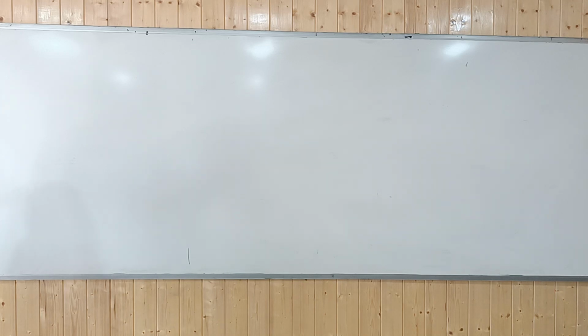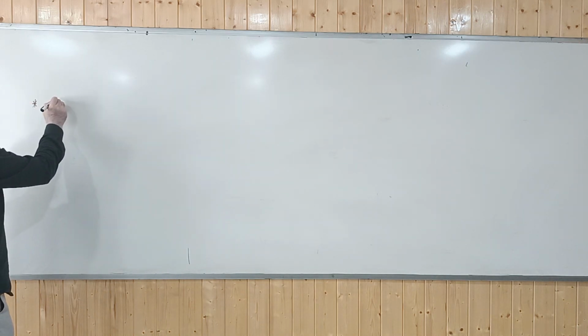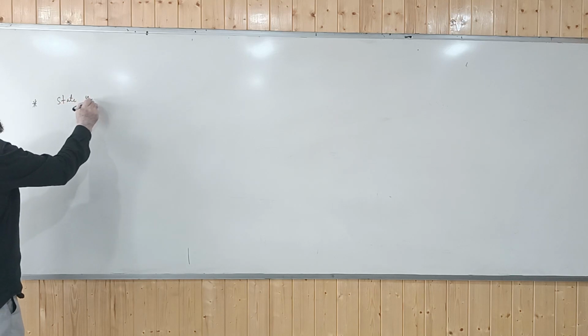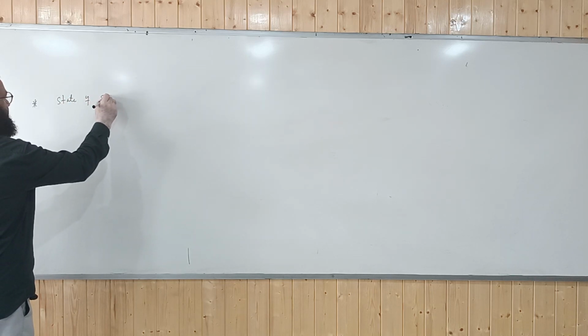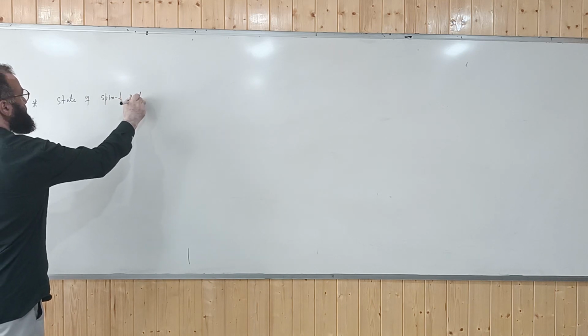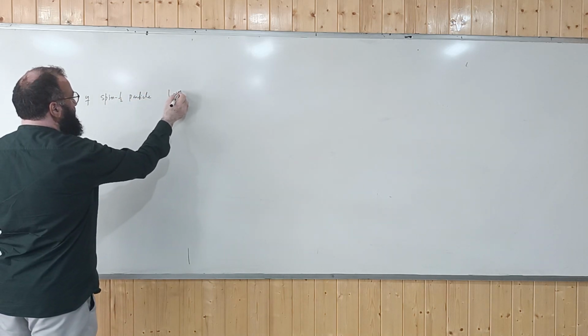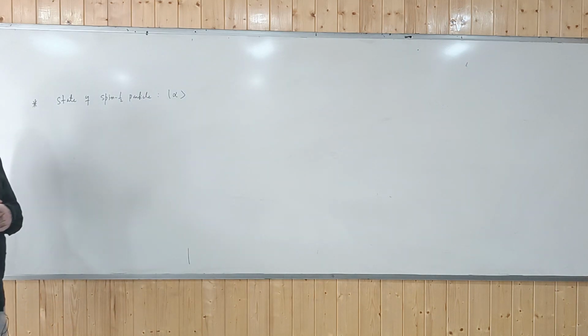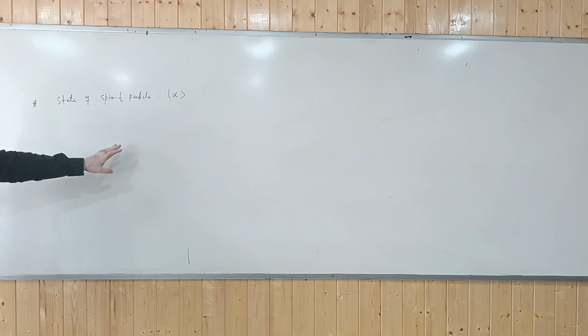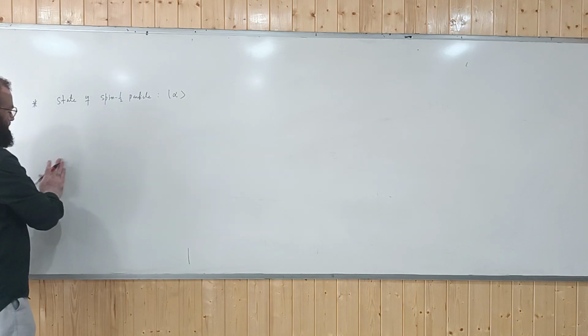Now let's look at how the state of a spin half particle behaves under rotations. Let's take an arbitrary state of a spin half particle and call it alpha. This vector represents the state of a particle, or in other words, a wave function. So our wave function alpha is simply a vector.